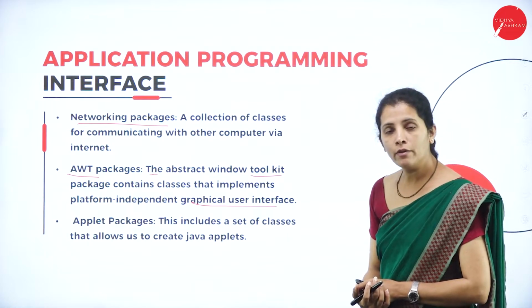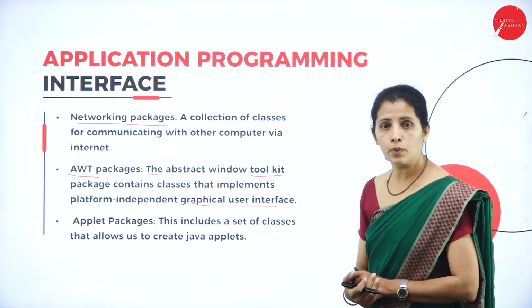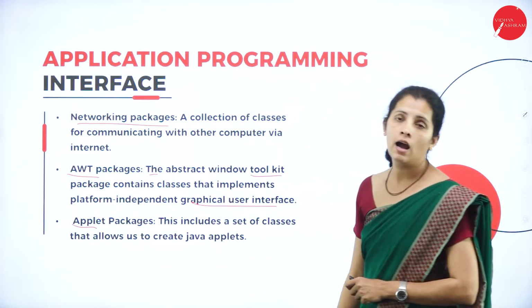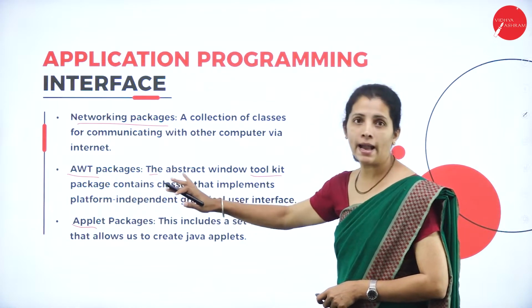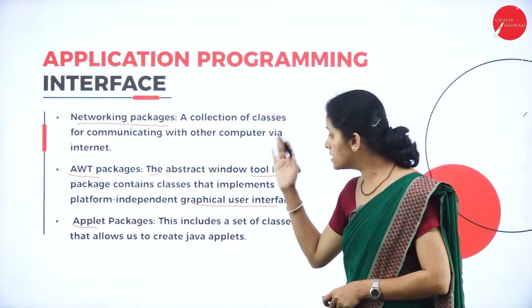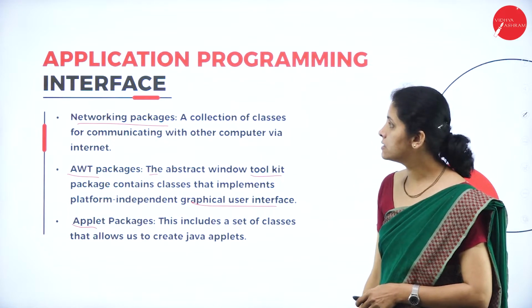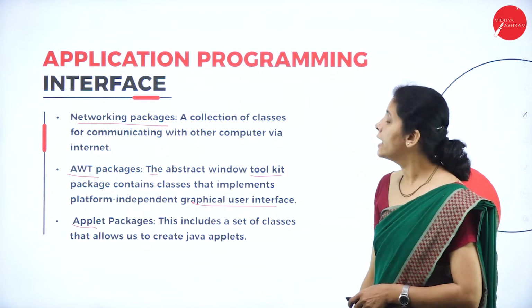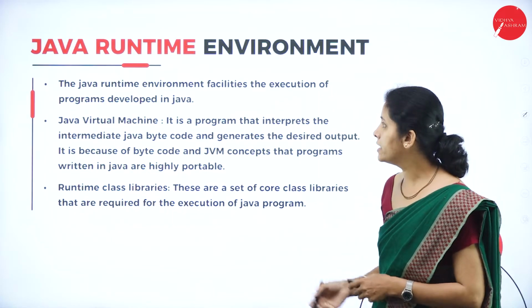Then if I want to write an applet program, then I want to import the applet package. So this applet package includes thousands of classes as well as methods. So these are some of the packages that come under the application programming interface.